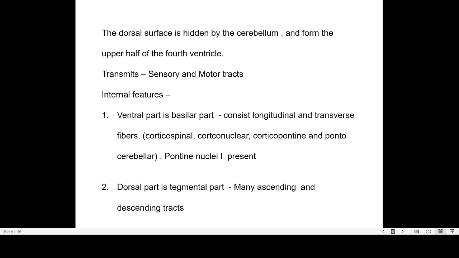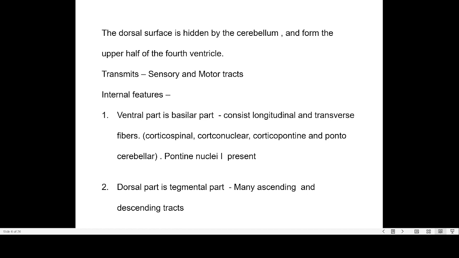Now we'll come to the internal features. The ventral part is the basilar part, which consists of longitudinal and transverse fibers, that means groups of nerve fibers.